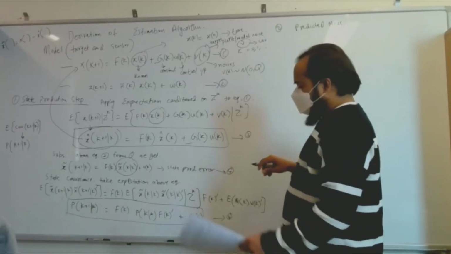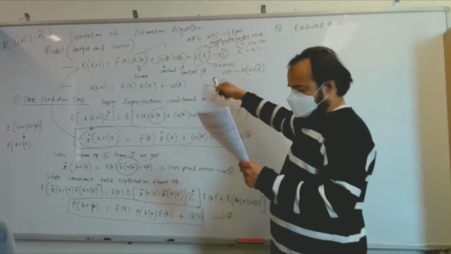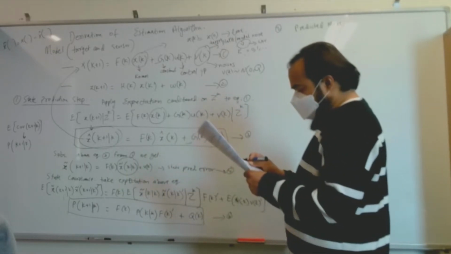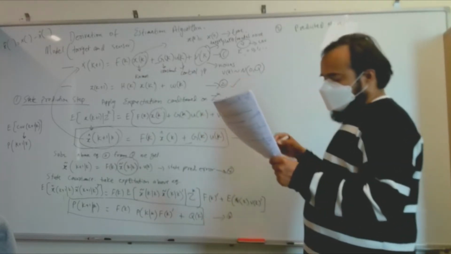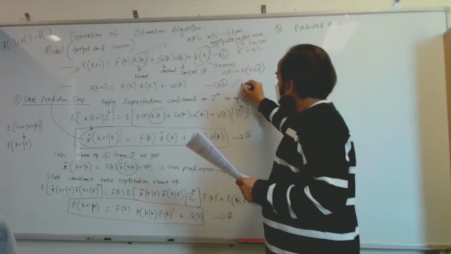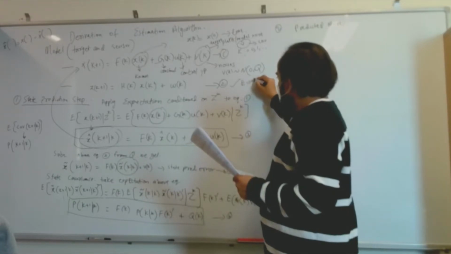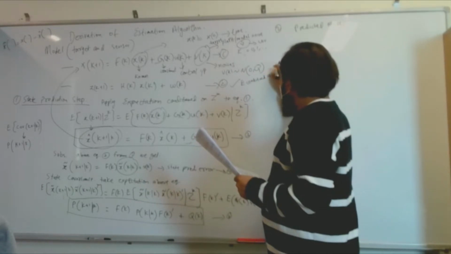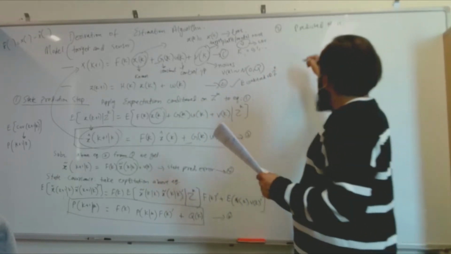So from the sensor equation, this one, it follows similarly by taking the expected value of this equation, conditioning on zk, we have taken the expectation.